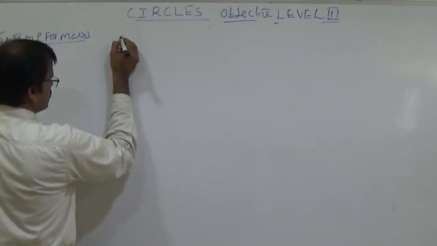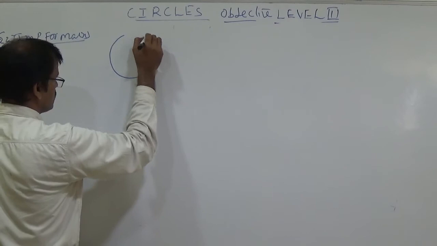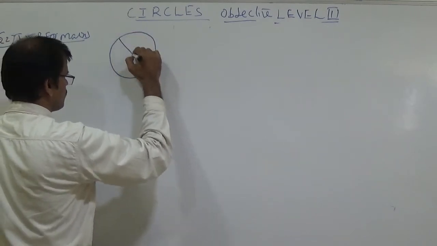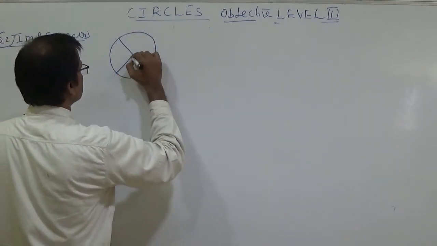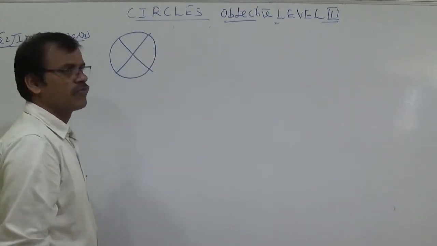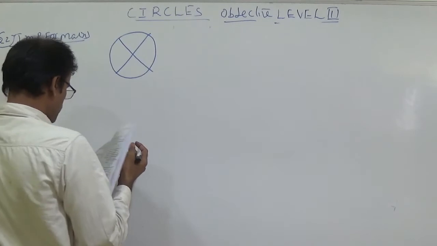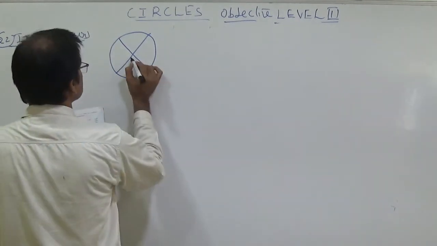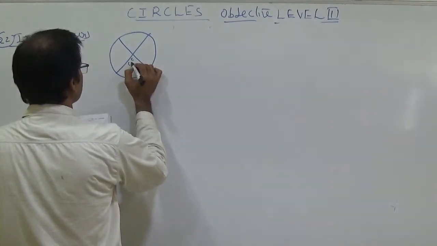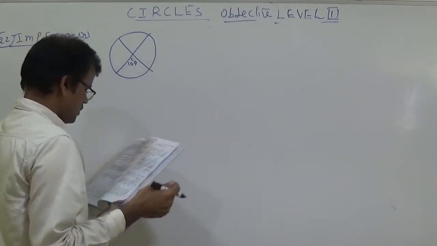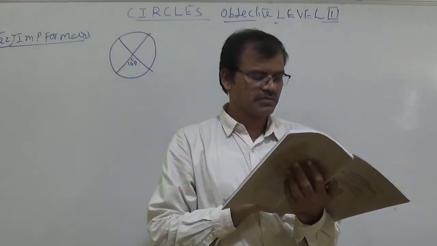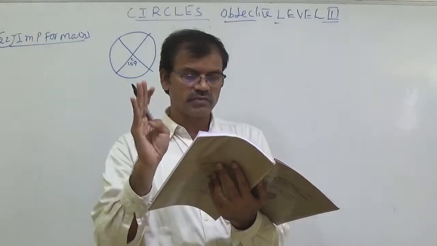Draw the diagram like this. Pair of lines which are passing through the origin, the formula ax square plus 2hxy plus by square equal to 0. The pair of lines along the diameters, this is the center C, 0, 0, divide the circle into 4 sectors.